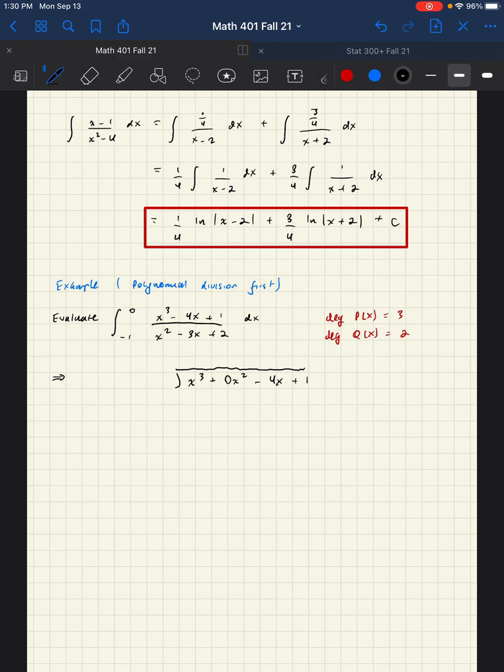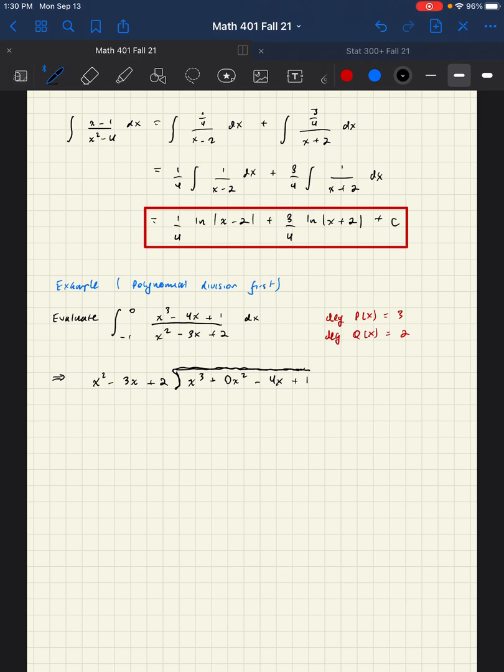So that is our numerator that is going to be divided by the denominator, which is our divisor. So we're dividing by x squared minus 3x plus 2.